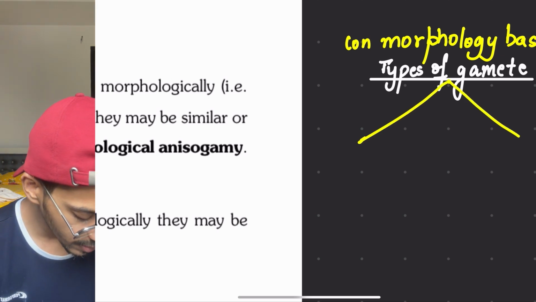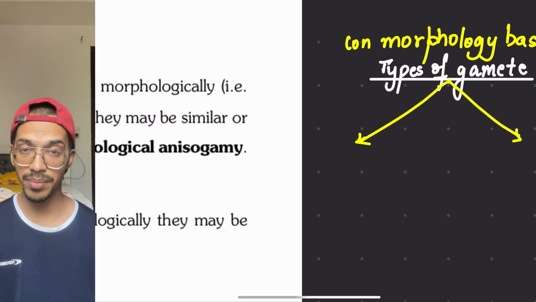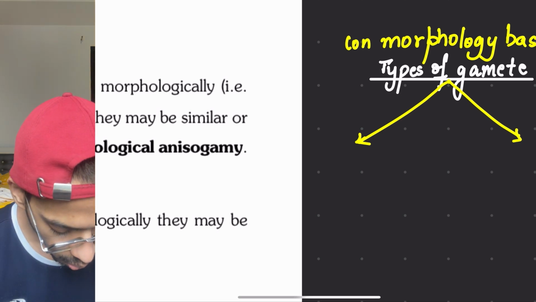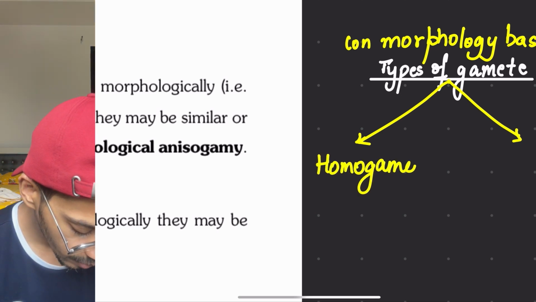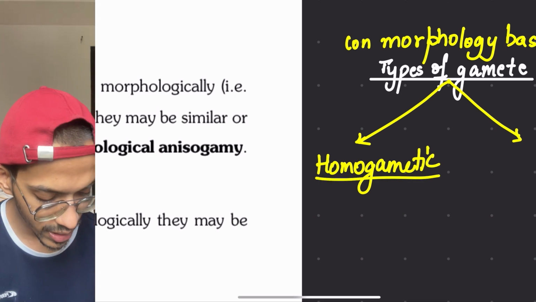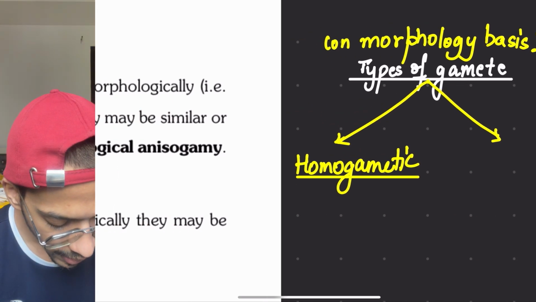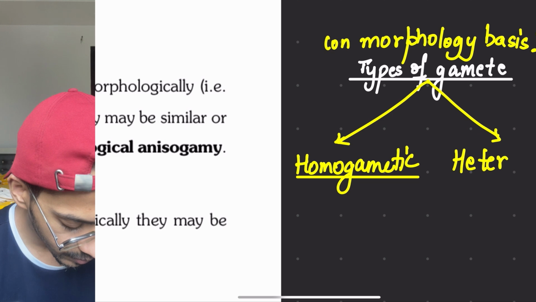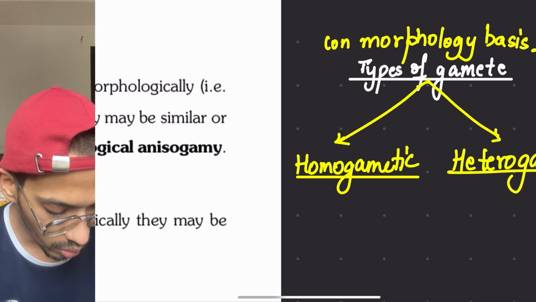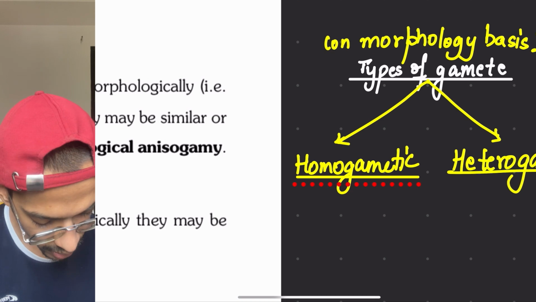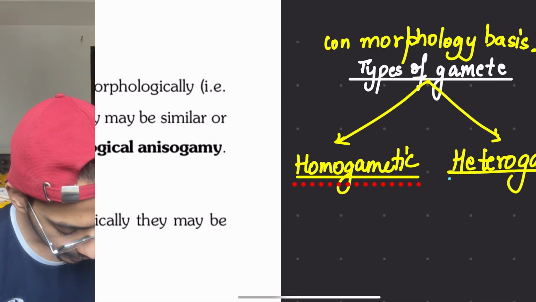Either both the gametes look similar, which means homogametic organisms, where male and female look similar, or heterogametic. Heterogametic means male and female are different. Hetero means different.